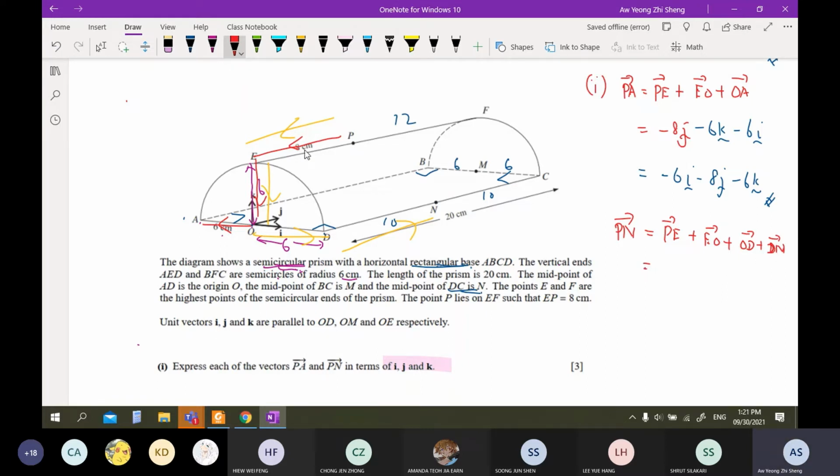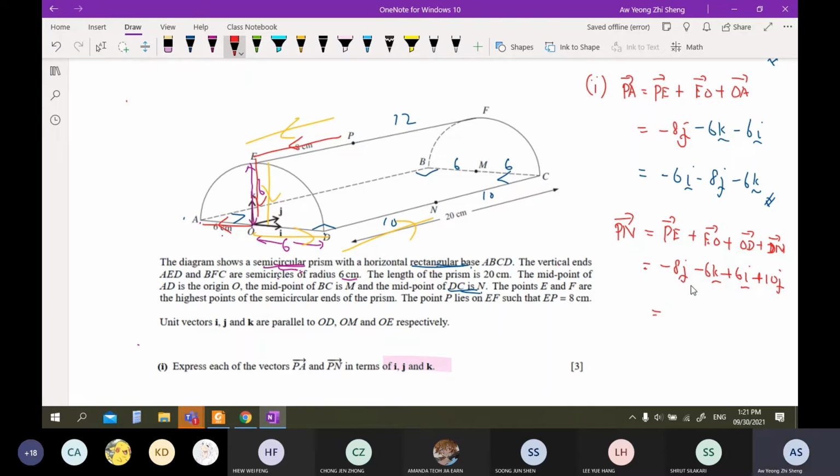Okay, PE is 8 cm, opposite to j, so minus 8j. EO is 6 units downwards, opposite to k, so you have minus 6k. OD is 6 units in the direction of i, that's 6i. DN is 10 units in the direction of j, so you have plus 10j.